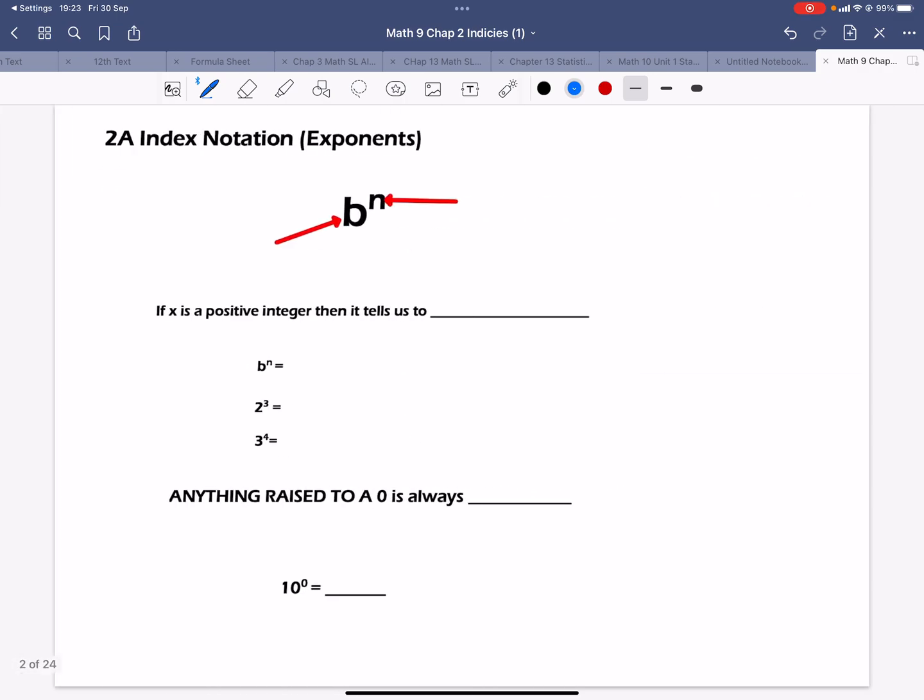All right, so let's talk about index notation, exponent notation. The big number, we call that a base. The n, we call either an exponent or an index.